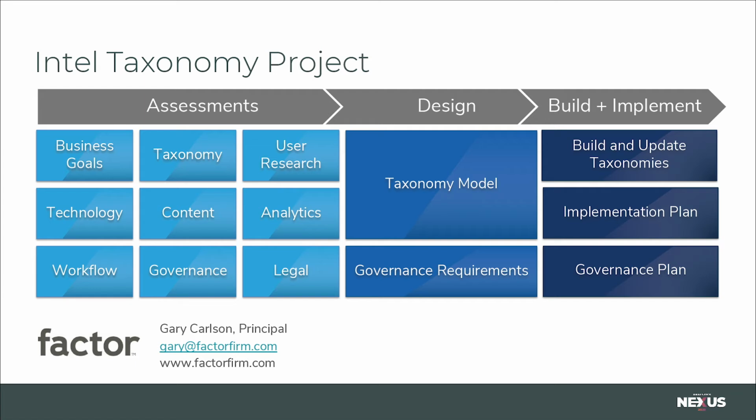For user research, we had some existing user research which provided needed insight into our customer personas. But then we also conducted some other internal research to identify nuances around taxonomy usage and also potential training needs around our taxonomy users.